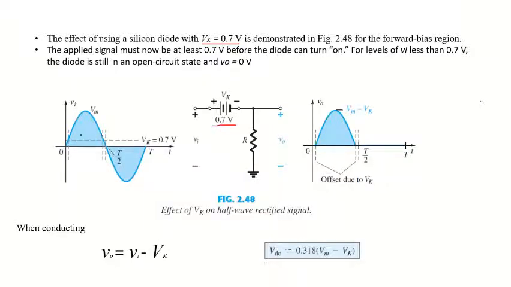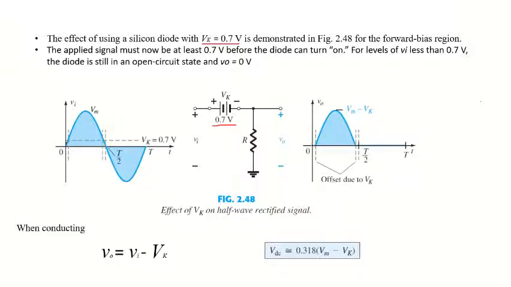Coming to the signal, let us consider we have a silicon diode here with a threshold value of 0.7. For half wave rectification, if the input is 0.2 or 0.3 volts, and the drop is 0.7, we get a zero signal because the diode will never be in the on state.